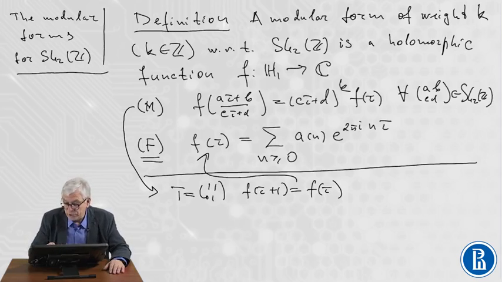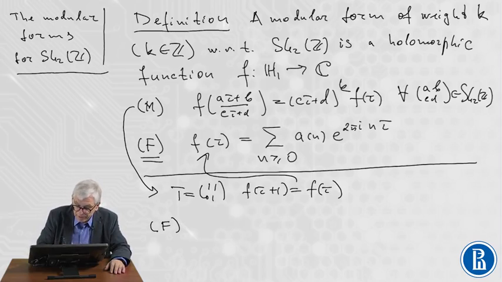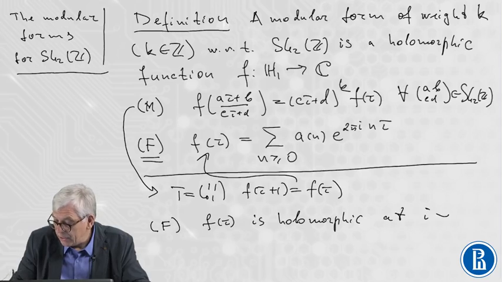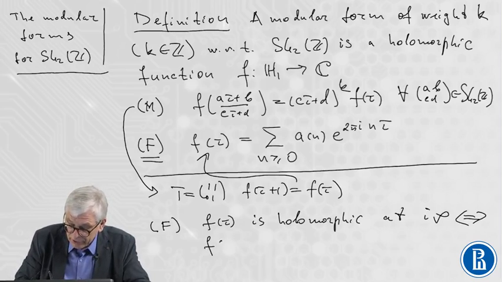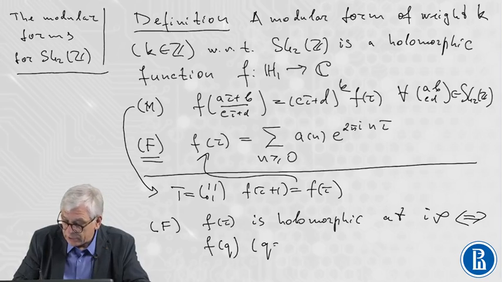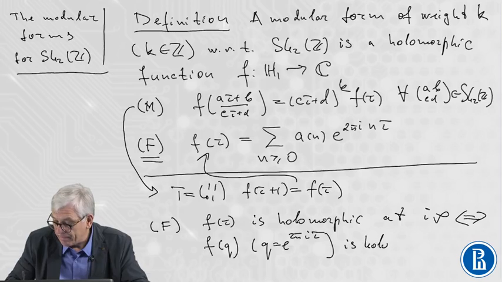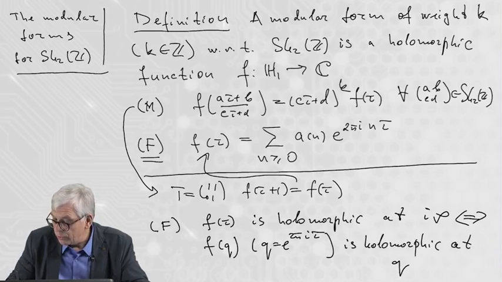And this Fourier expansion tells us that the function f at tau is holomorphic at i infinity, or in other words, the function phi at q, where q is equal to e to the power 2 pi i tau, is holomorphic at q equal to 0.